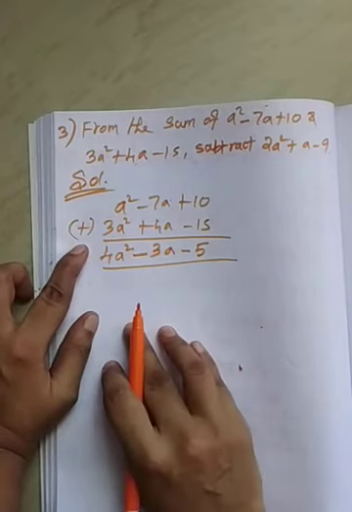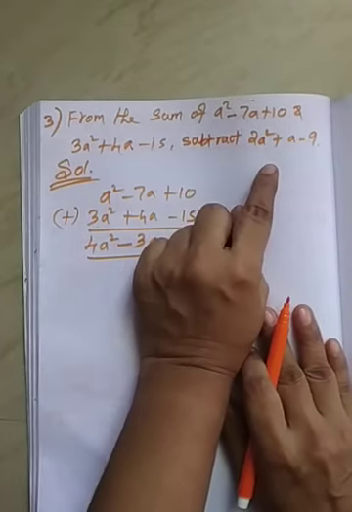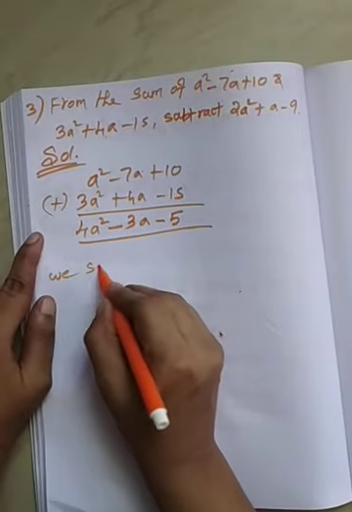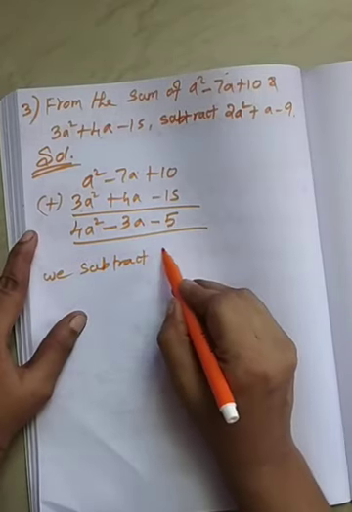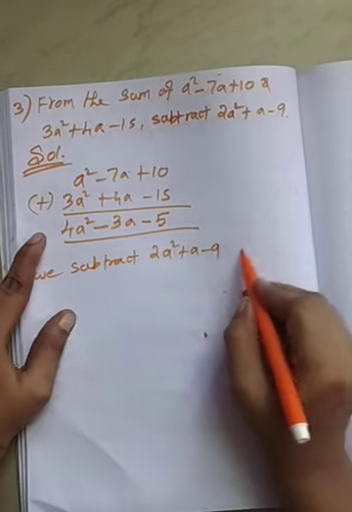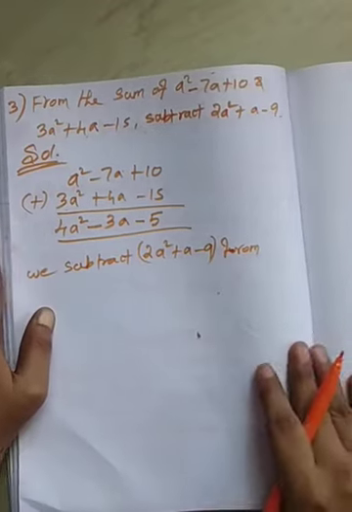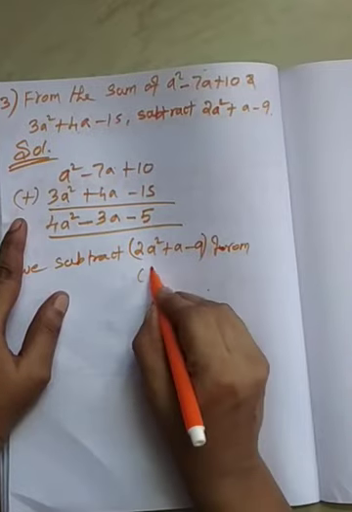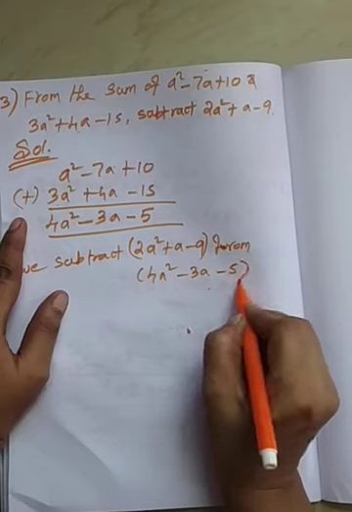Okay. Now we subtract. See your question. Subtract this value, right? So we have to write it on the next line. We subtract 2a squared plus a minus 9 from this addition value, 4a squared minus 3a minus 5.